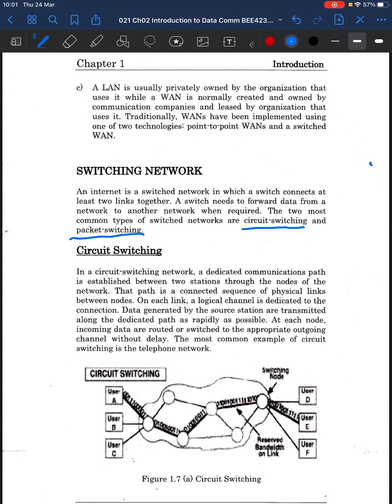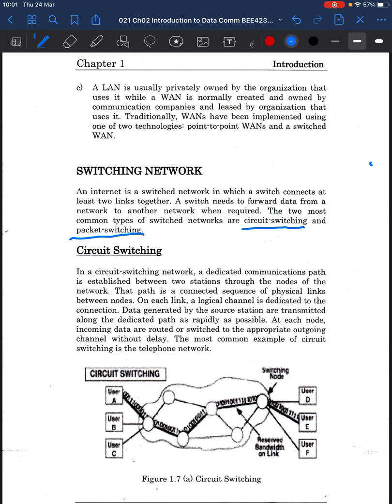First is circuit switching. In a circuit switching network, a dedicated communication path is established between two stations through the nodes of the network. The path is a connected sequence of physical links between nodes. On each link, a logical channel is dedicated to the connection.